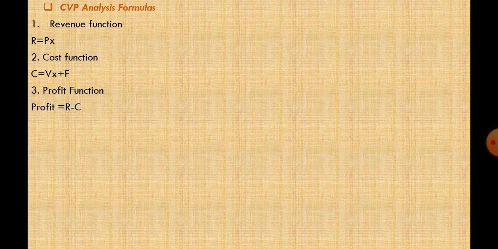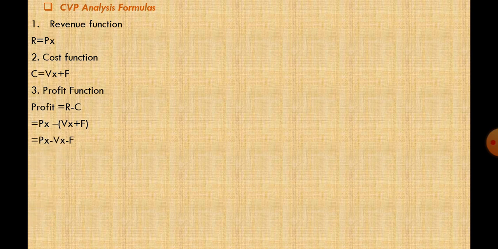Profit is the difference between the revenues and the cost. Simply, to derive the function, we equate the values under revenue minus the values under cost.